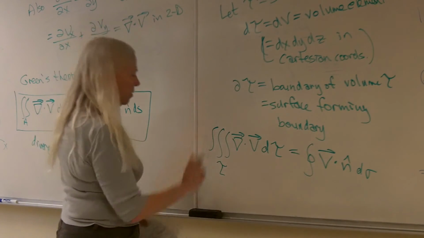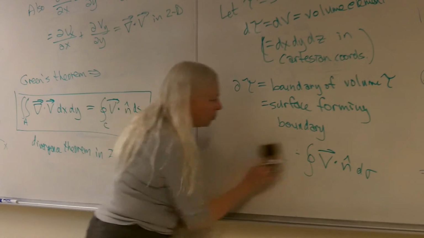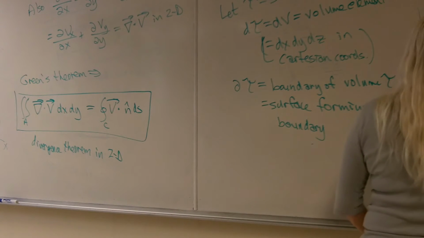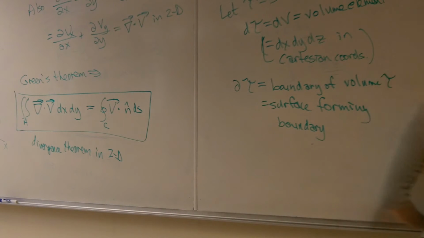I should have added one. Actually, let me add one more thing to this list, and I'll write the divergence theorem over here on the next area I'm freeing up.